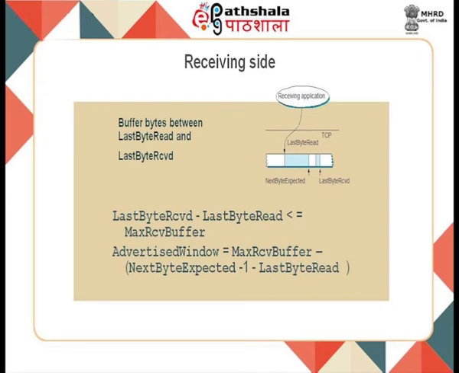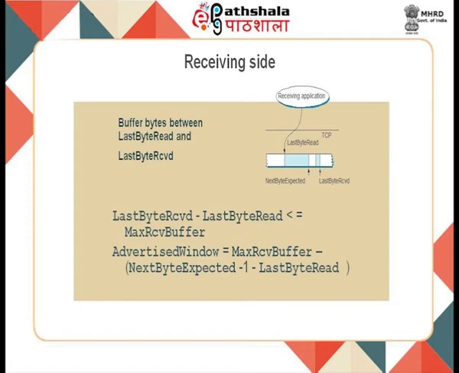The advertised window is calculated as the maximum receive buffer size minus the next byte expected minus last byte read. You can see that this is the total buffer size, and so much data is already written. So, how much more data can be received? It is whatever data can be fitted into this region plus the amount of data that can be fitted into this region.